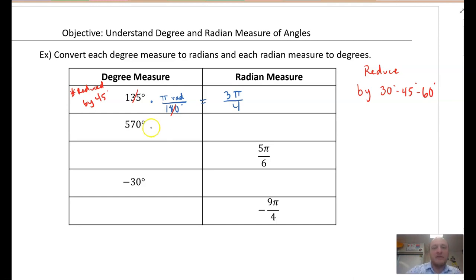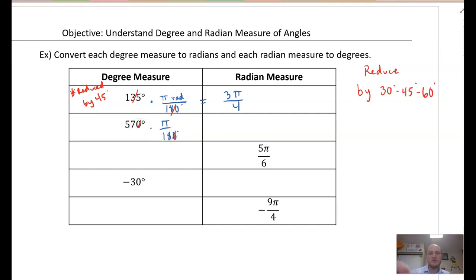All right, so I want to go from 570 degrees to radians. Okay, so I'll multiply by pi over 180, and it's implied that it's radians. So the degrees cancel. And again, I need to reduce this. So 570 over 180, I can cancel the zeros, right? 57 over 18.